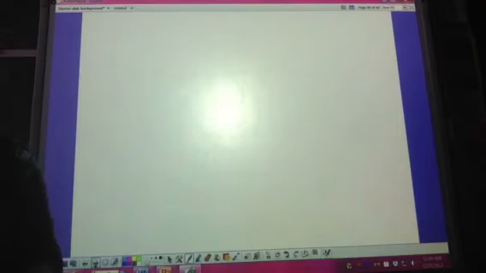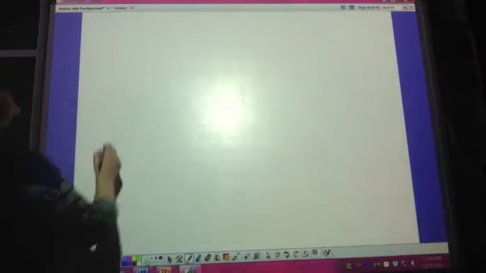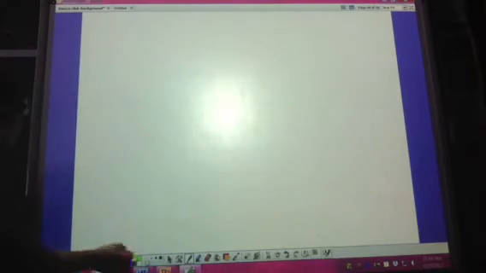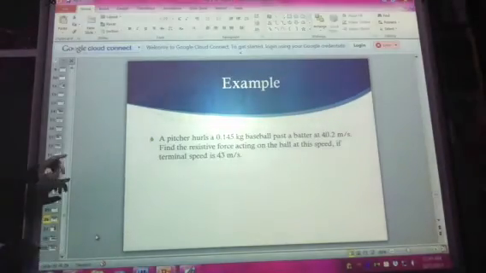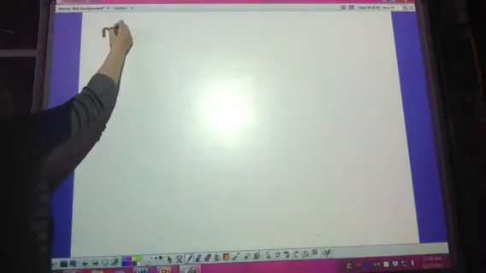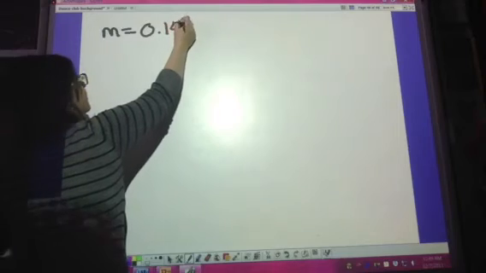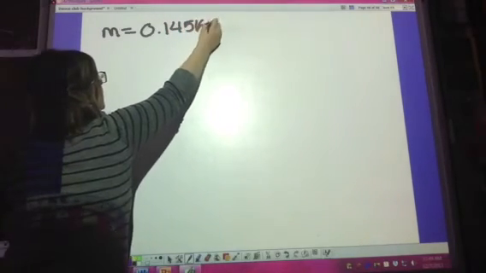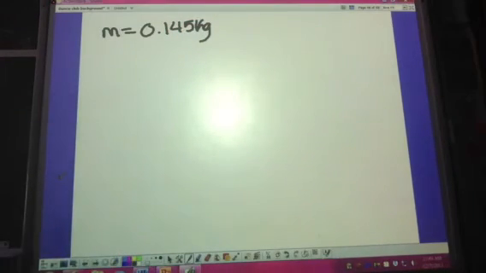Okay, so in this problem, let's first talk about all of the things that they gave us. Let's go back to it, guys. We know mass is 0.145 kilograms. Let's write that down. Mass is equal to 0.145 kilograms. What else do I know?